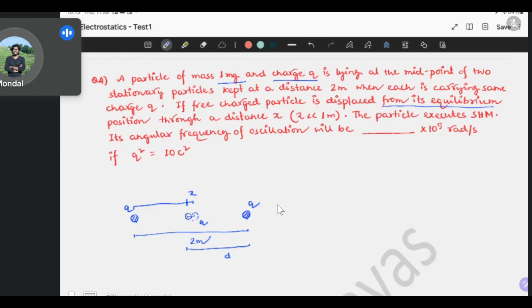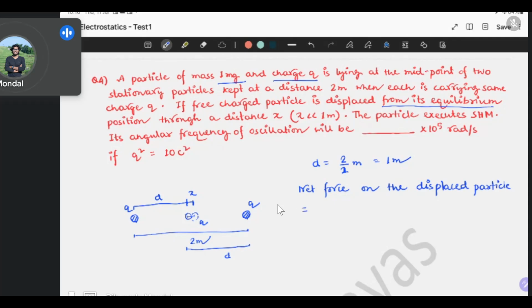Here d is 2 by 2 meters, so d is 1 meter. So what will be the net force on the displaced particle?